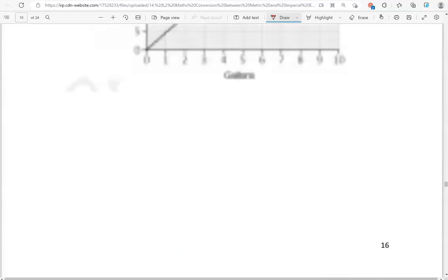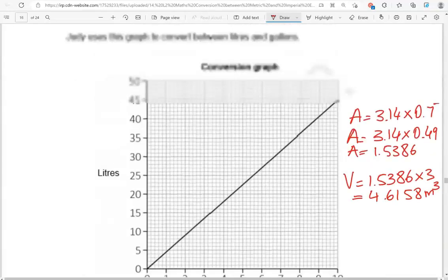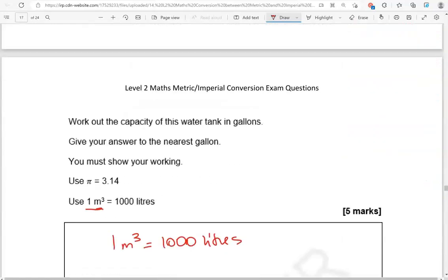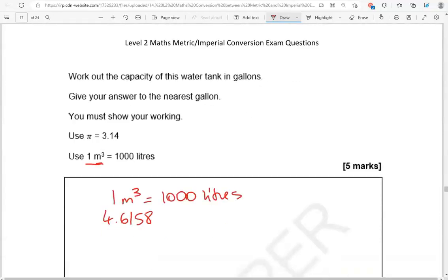What about 4.6158 cubic meters? To get from 1 to 4.6158, we multiply by 4.6158, so we'll do the same on the other side.